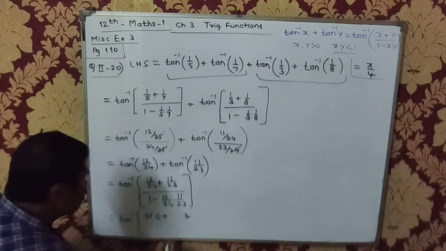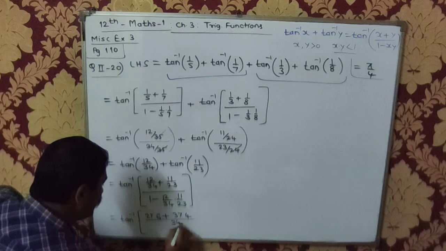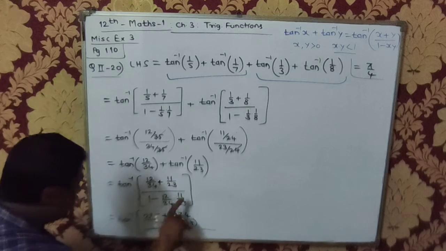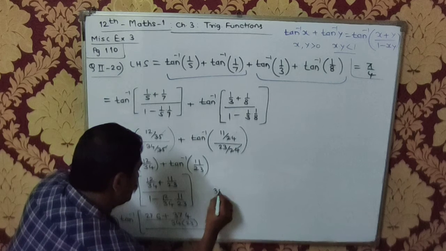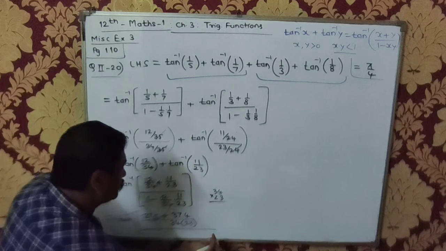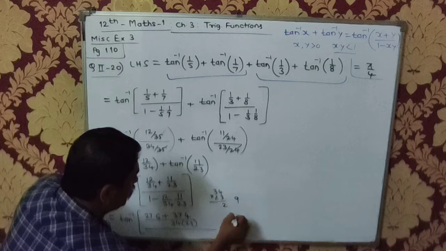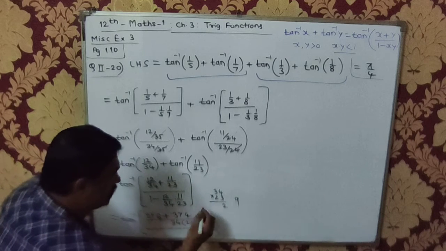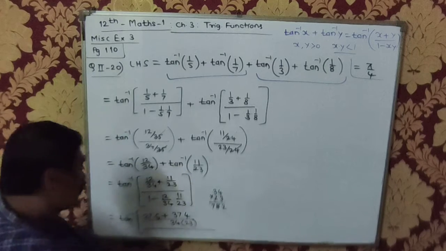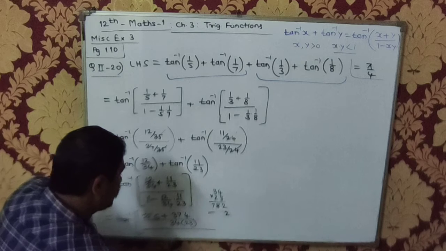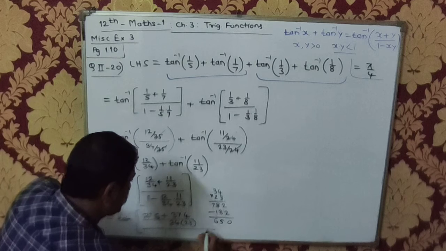So this will give me tan inverse of 276 plus 374 upon 34 into 23, divided by, we are going to multiply 34 into 23, 782 minus 132, which is 650.